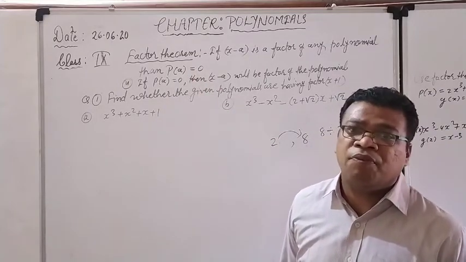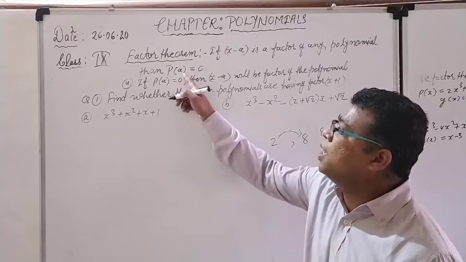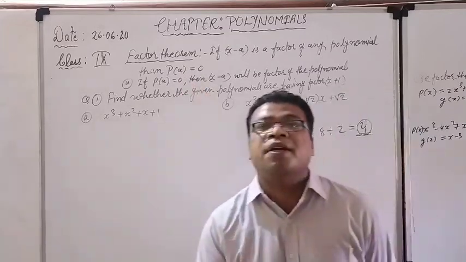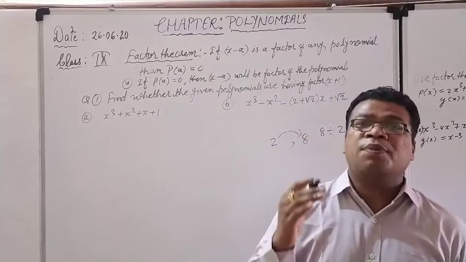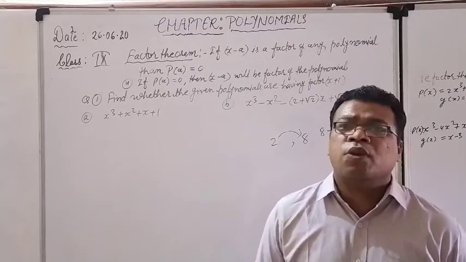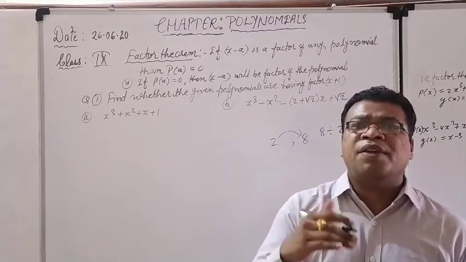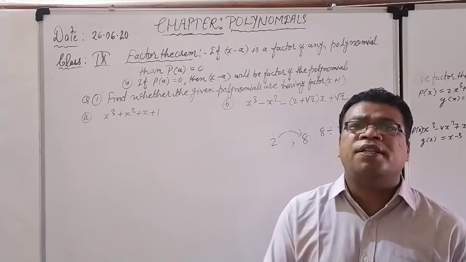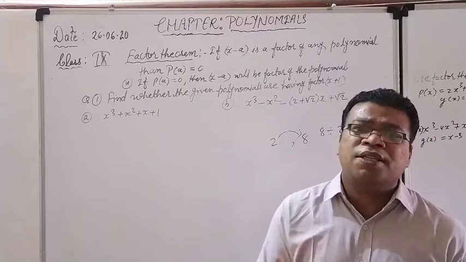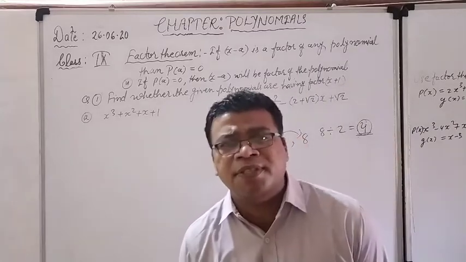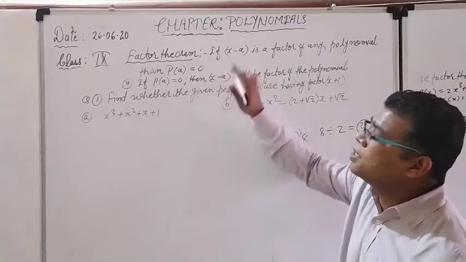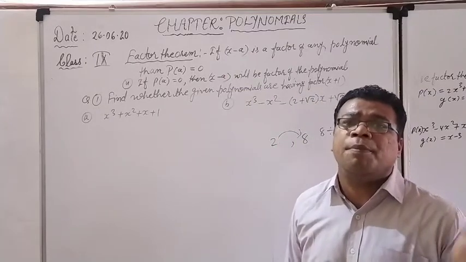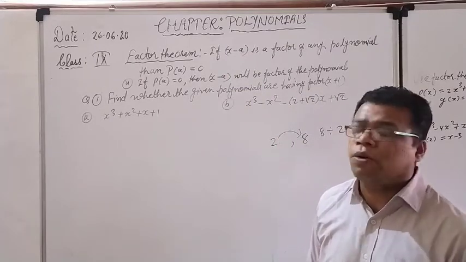In the remainder theorem, we were saying that p(a) is equal to the remainder. But here we know that the remainder is going to be 0, because if something is a factor of something else, then when we divide the dividend by the factor, the answer is going to be 0, because it is completely divisible. That's why we say it is a factor, because it can divide that thing completely, leaving the remainder 0.